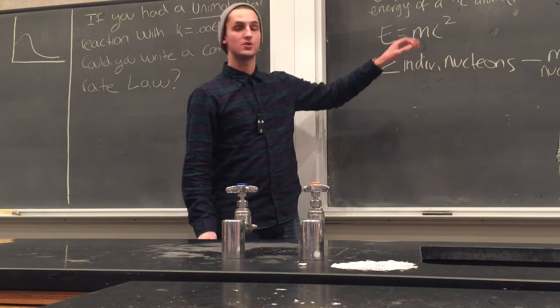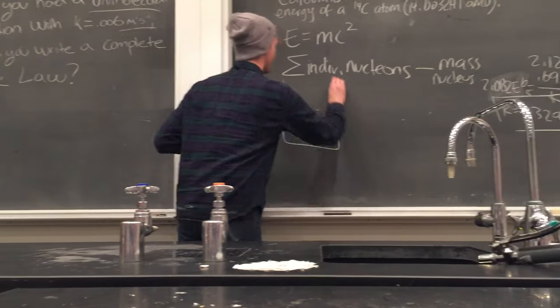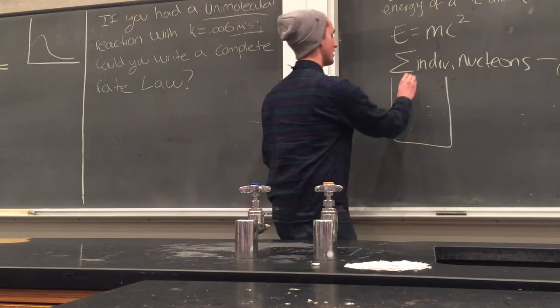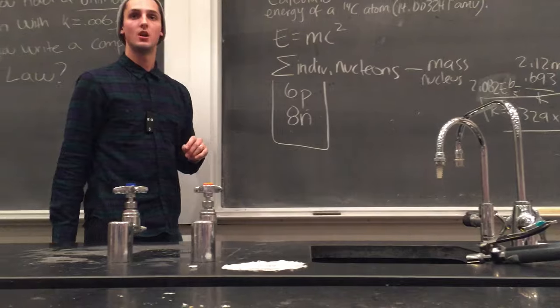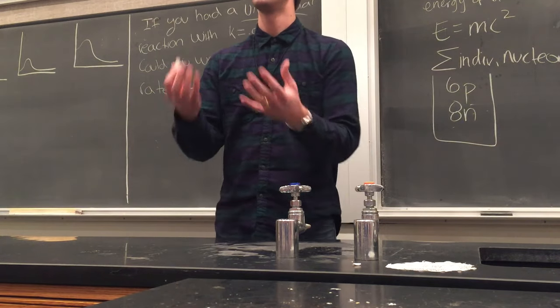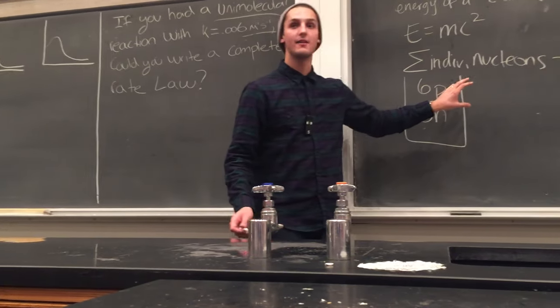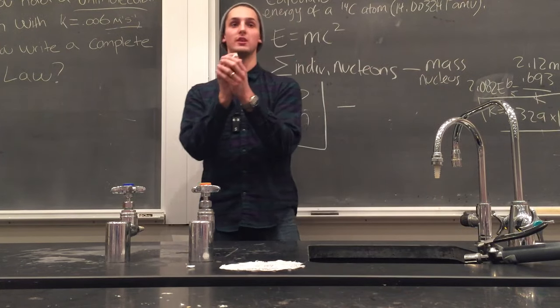Okay? So again, in more simple terms, what I'm essentially figuring out here is in carbon-14, I have 6 protons and 8 neutrons. If I had a bucket of 6 protons and 8 neutrons, what's the mass of that? Okay? I calculate that, and then I subtract that from the mass of the actual nucleus.